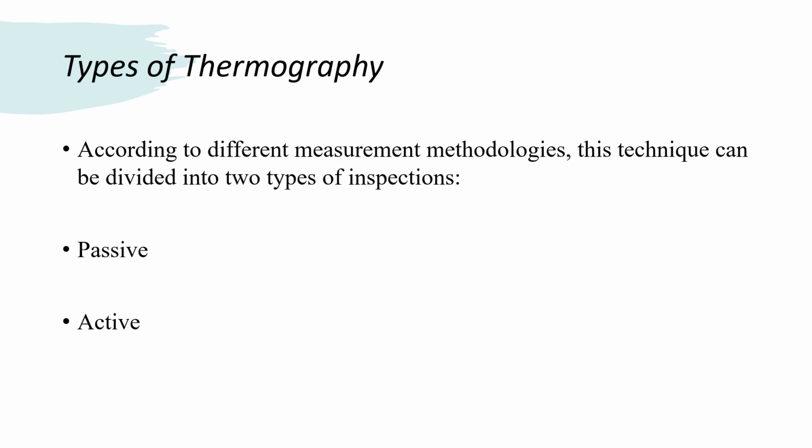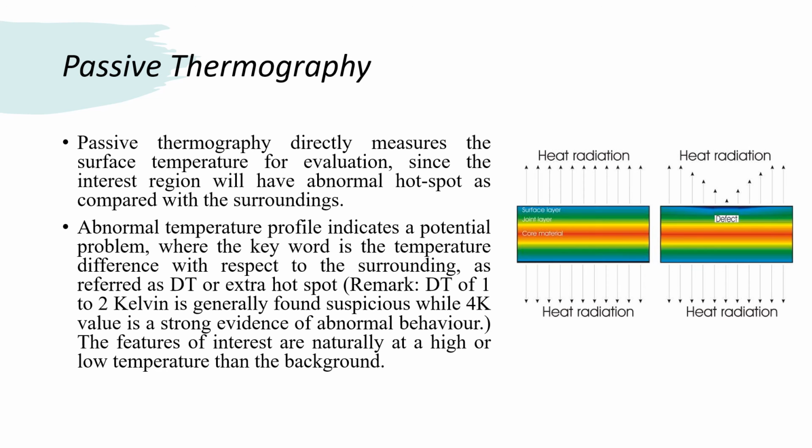Next is types of thermography. According to the different measurement methodology, these techniques can be divided into two types of inspection. One is passive and another one is active. Passive thermography directly measures the surface temperature for evaluation, since the region of interest will have an abnormal hotspot as compared with the surrounding.